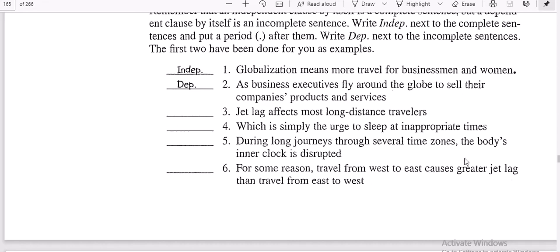Causes is what? A verb of the subject travel. So here there is no subordinator, but there is a complement, and a complement can be found in independent clauses as well as dependent clauses. So because there is no subordinator, this clause is what? Independent. Okay.